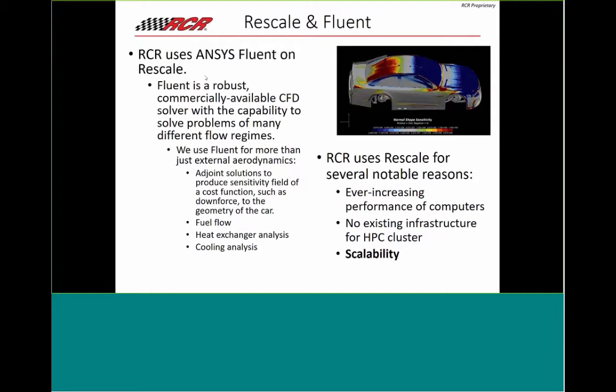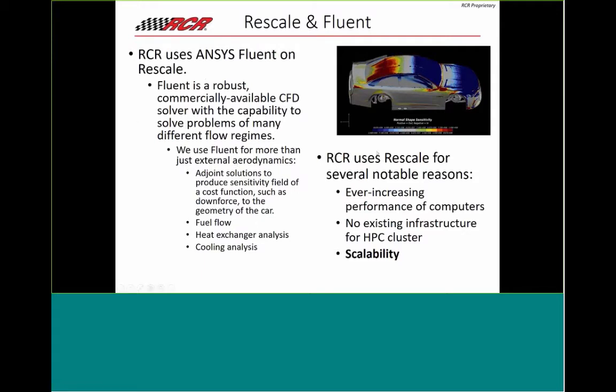You may have turbulent, separated flow over the body. And you may have water flow in the water cooling system that's turbulent. And then, of course, you could even have conjugate heat transfer problems. And Fluent is able to solve all of these different types of problems, and it's one reason why we use it.